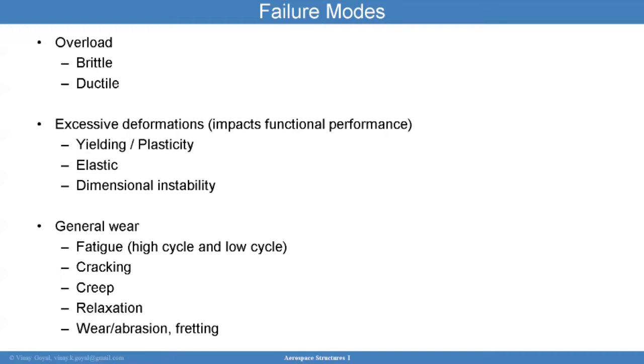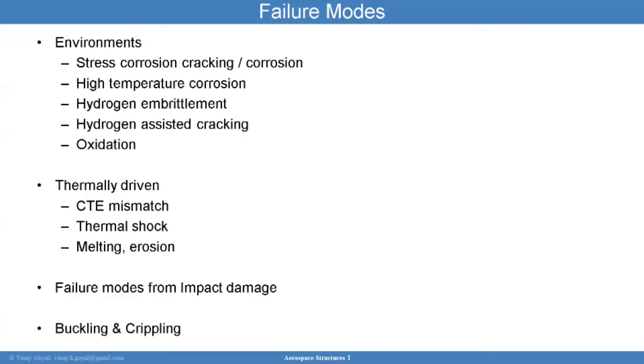And I'll give examples later when it comes to the coefficient of thermal expansion. You also have general wear of the structure. You're going to have fatigue, cracking, creep, relaxation, wear, abrasion, and fretting. And I'll dive into some of those examples as we move along.